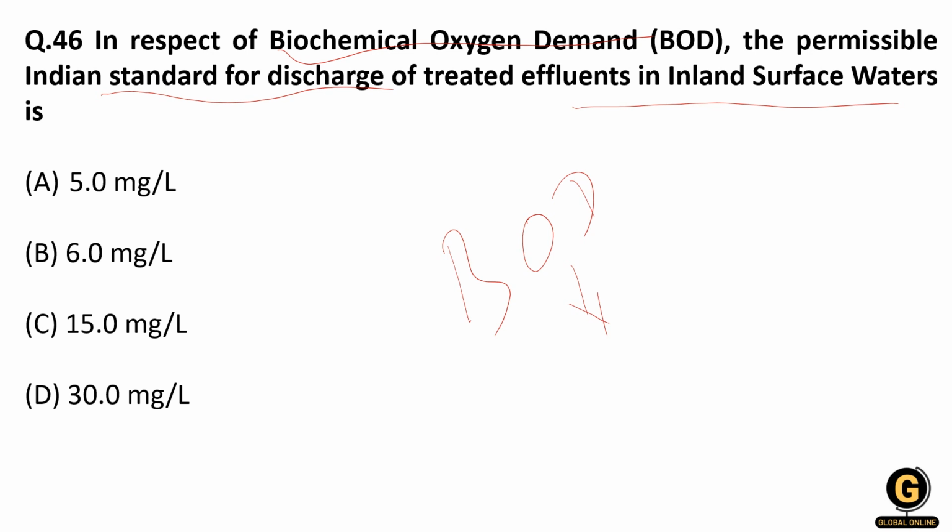And for drinking water in India, the standard is 5 mg per liter, and for the effluents, that is industrial discharge effluent, it is 30 mg per ml. So remember, for drinking water it is 5 mg per ml, and for discharge treated water, that is sewage treated water, it is 30 mg per ml.